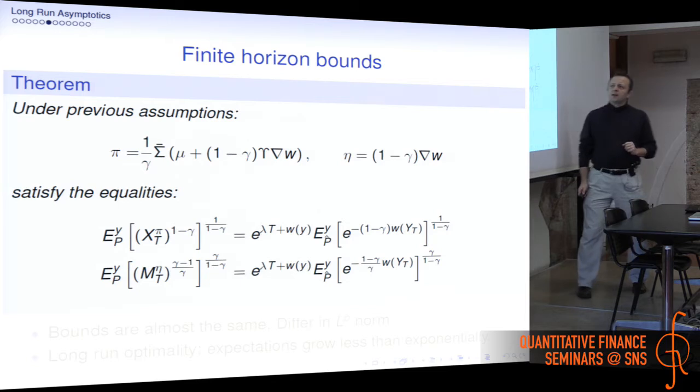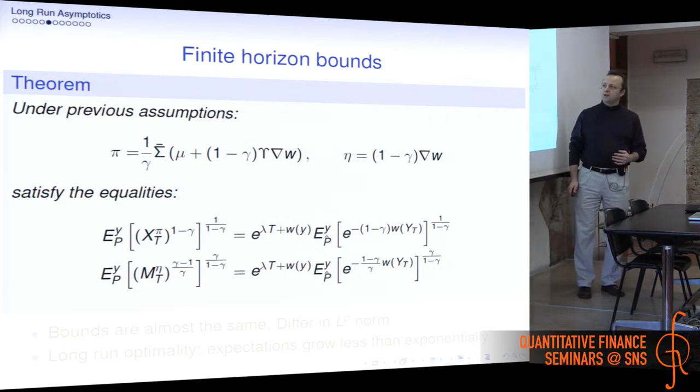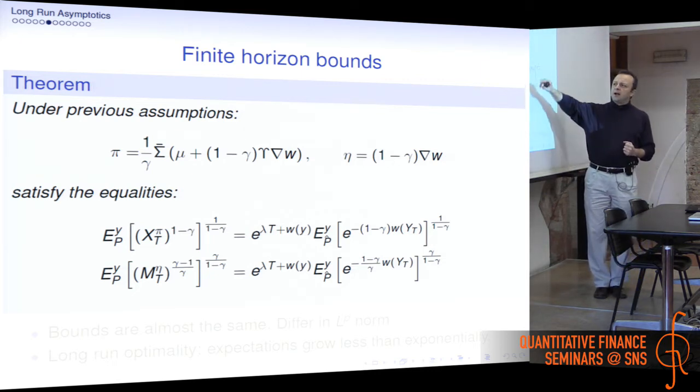Now, the finite horizon bounds, which are the most useful part from an application point of view of this theory, are the following, okay? The optimal portfolio is given by this expression. The optimal risk premium is given by this other expression. And, well, we do not yet know that they are optimal, okay?